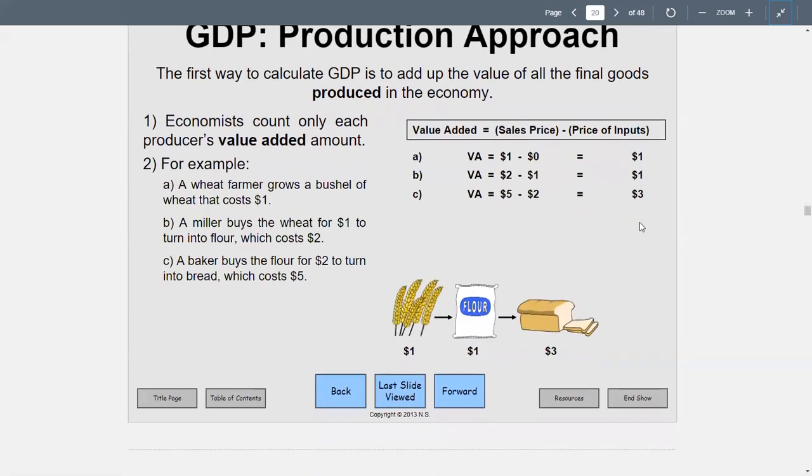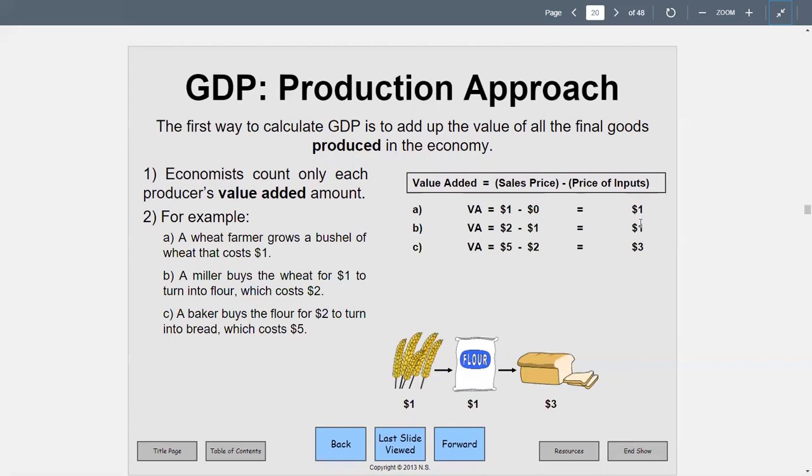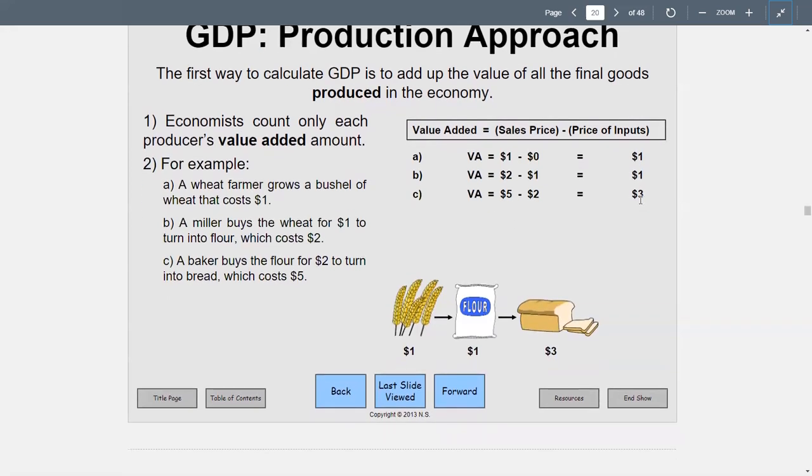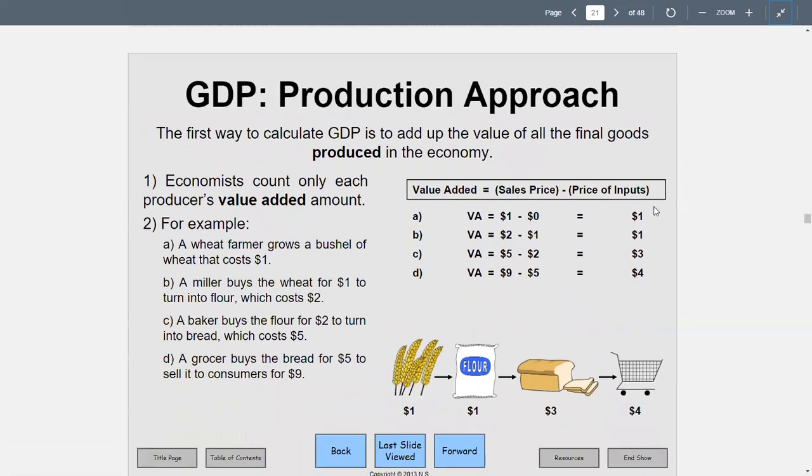And then the baker buys the flour for $2 to turn into bread, which sells for $5. So his value added is $3 because he had to spend $2 to get the flour, but he's selling the bread for $5. So it's kind of like profit. And then the grocer buys the bread for $5 to sell it to consumers for $9.